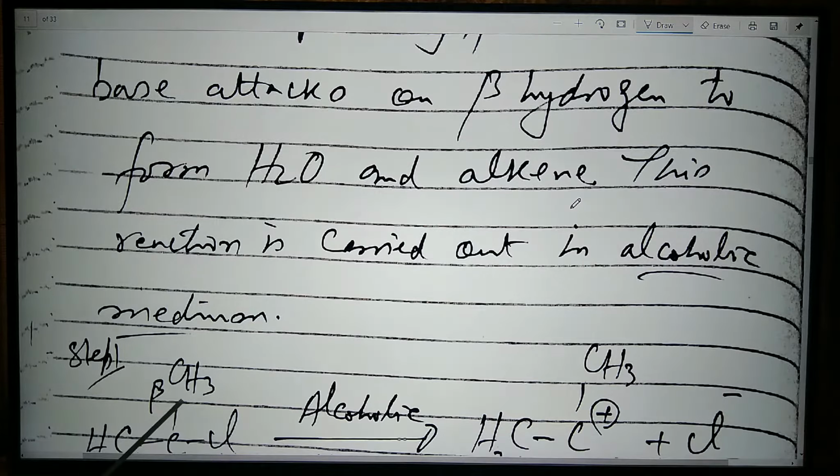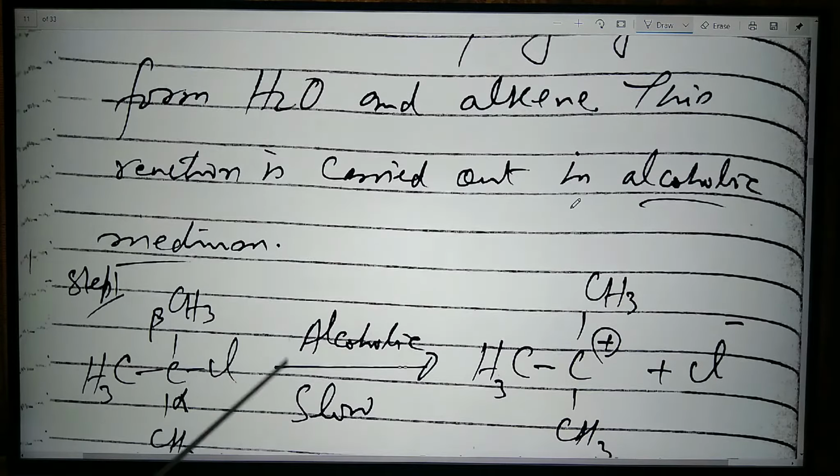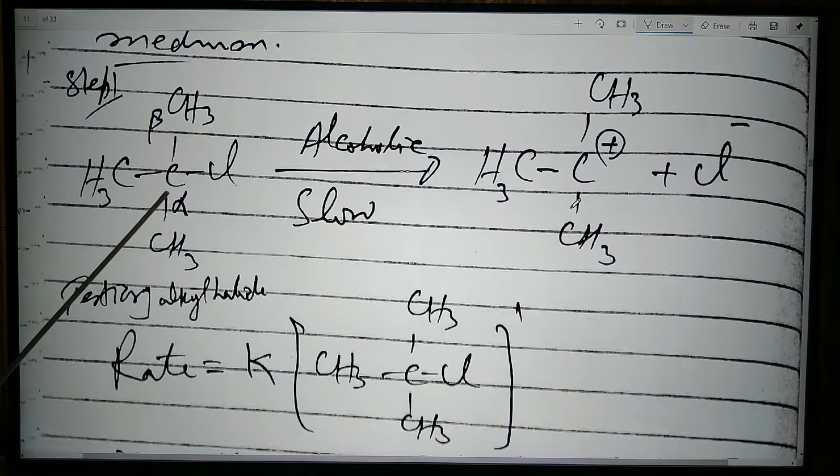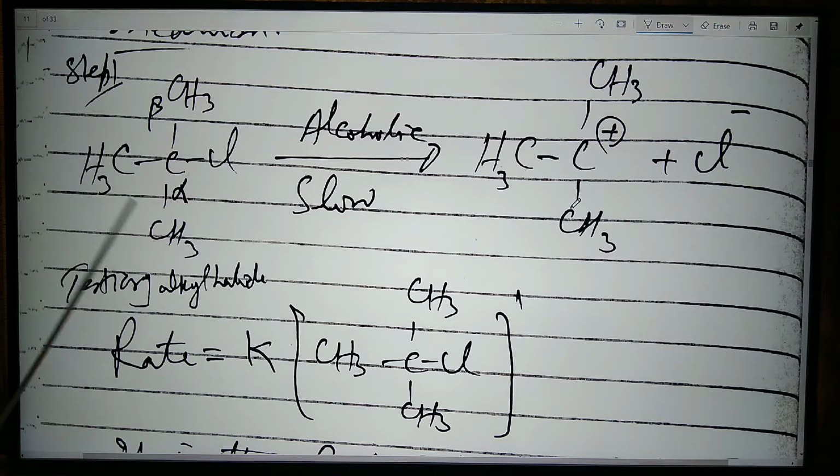So you can see in this case, for example, CH3, CH3, CH3 on this carbon. This is called the alpha carbon because the halide is attached to this carbon. And these are beta, according to the definition. So the hydrogen is known as the beta hydrogen.